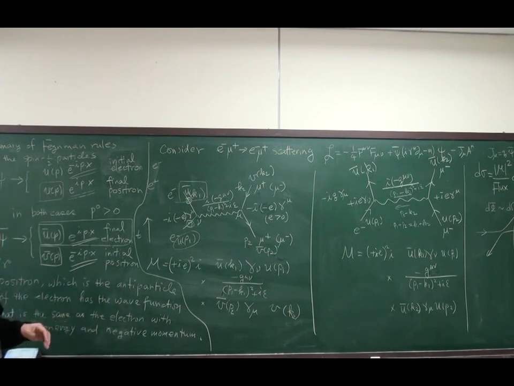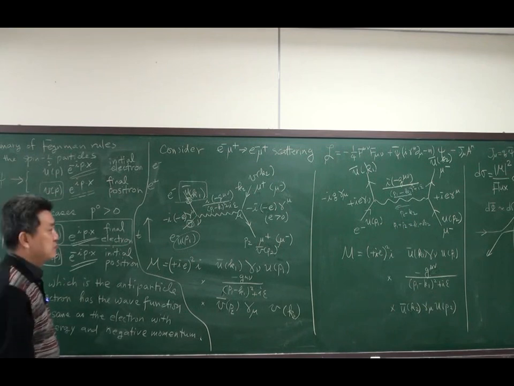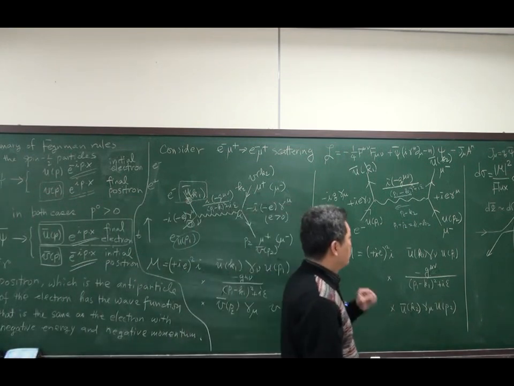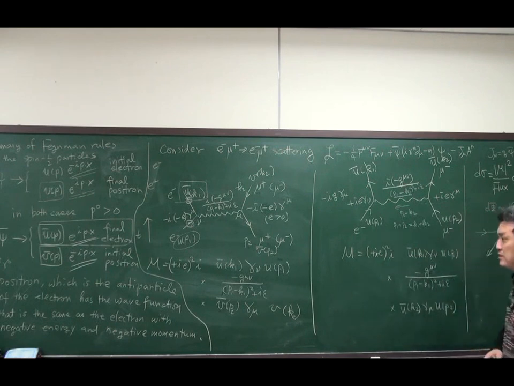We have divided by space and time because the interaction rate was proportional to space and time because of delta zero, right? Four-dimensional delta function, delta zero. So we divided that one, and the remaining energy momentum conservation delta function was contained in the phase space, right?